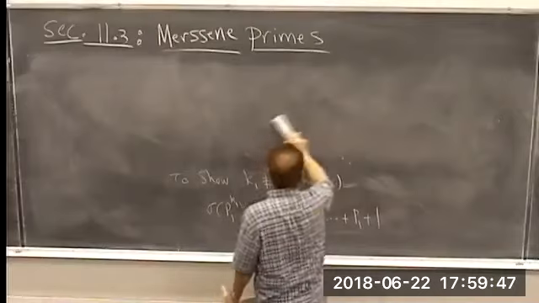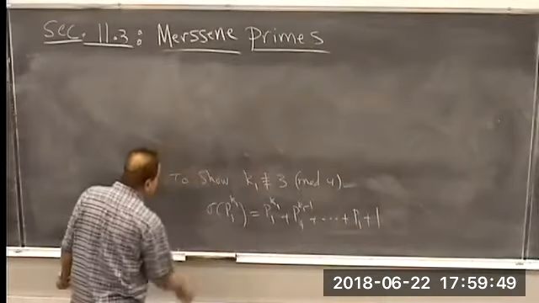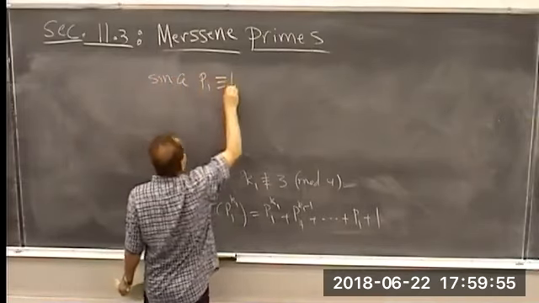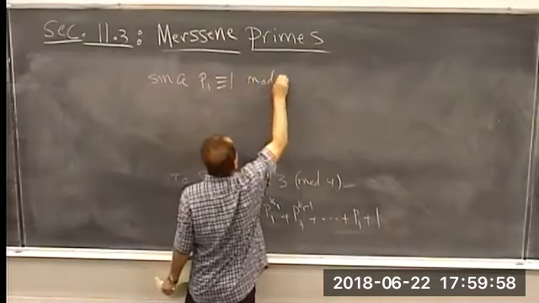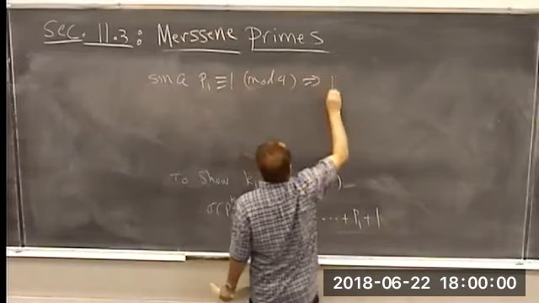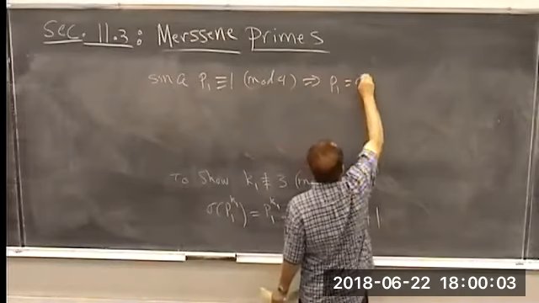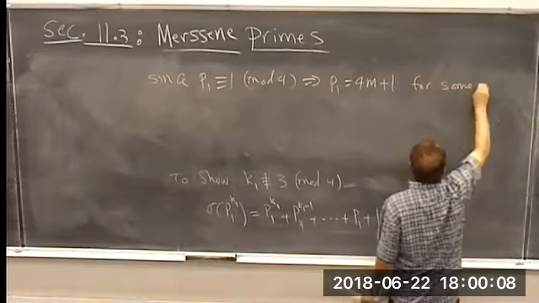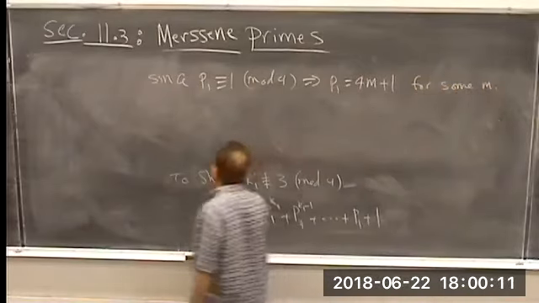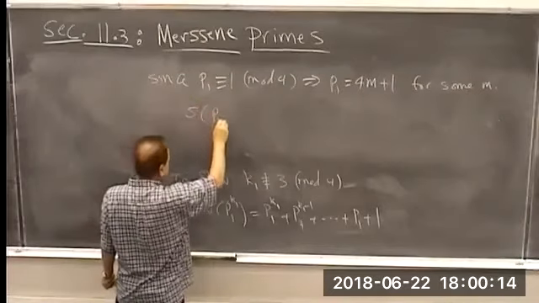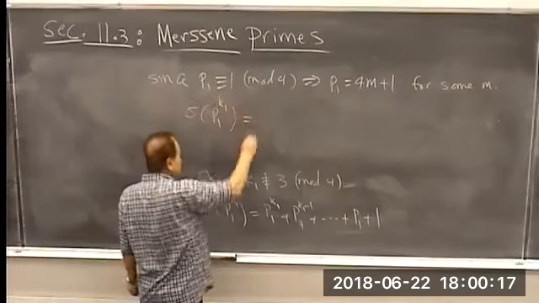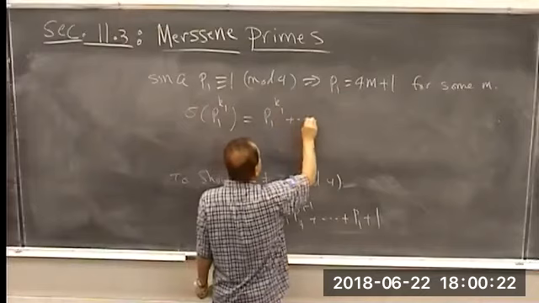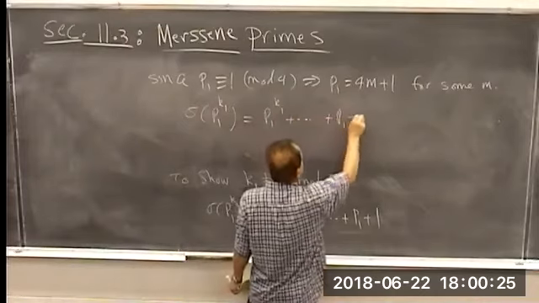Now, since P1 is congruent, as we already showed, mod 4, this implies P1 is equal to 4m plus 1 for some m. Now let's look at this sigma of P1, K1, which I just say is equal to P1 to the K1, plus P1 to the K1 minus 1, and so on, plus P1 plus 1.